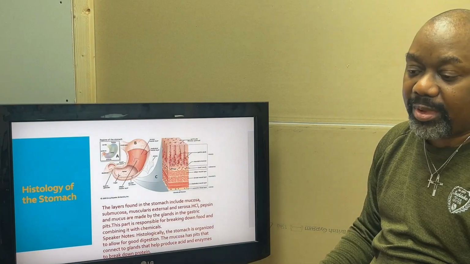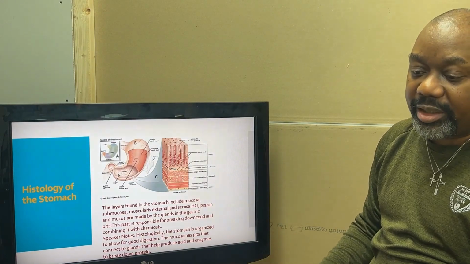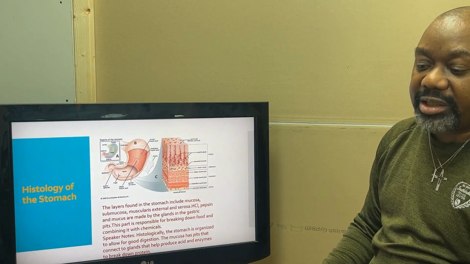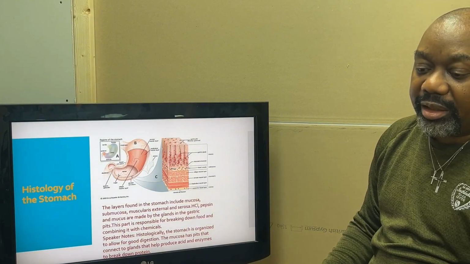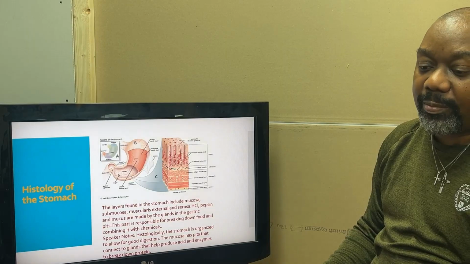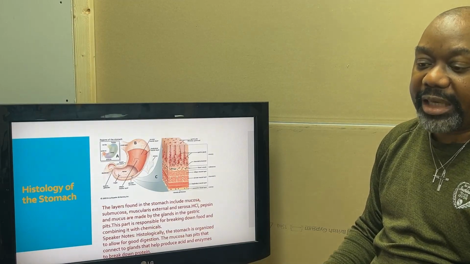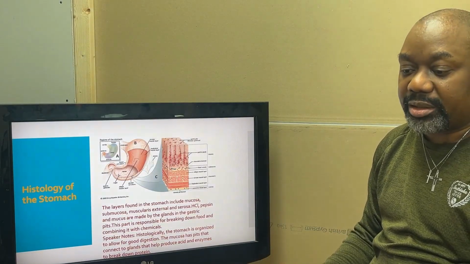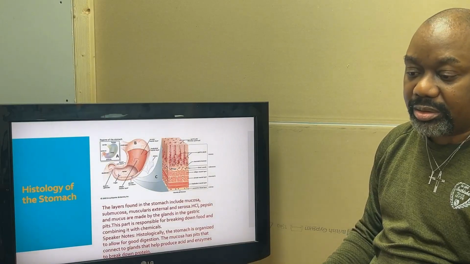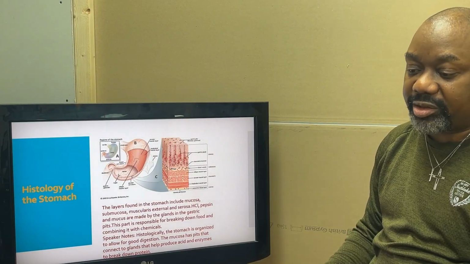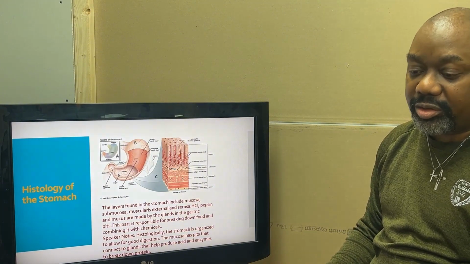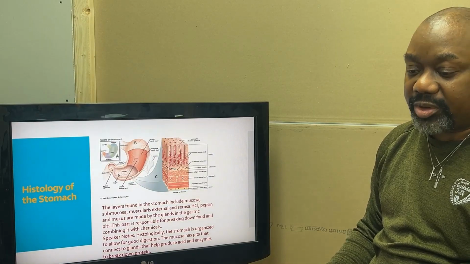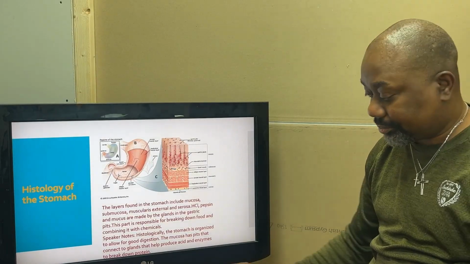The acid, the pepsin, and mucus are made by glands in the gastric pit. This part is responsible for breaking down food and combining it with chemicals. Histologically, the stomach is organized to allow for good digestion. The mucosa has pits that connect to the glands that help produce acid and enzymes to break down protein.